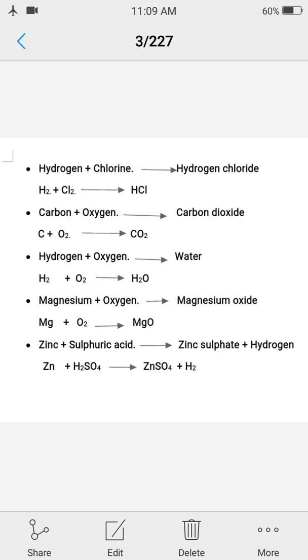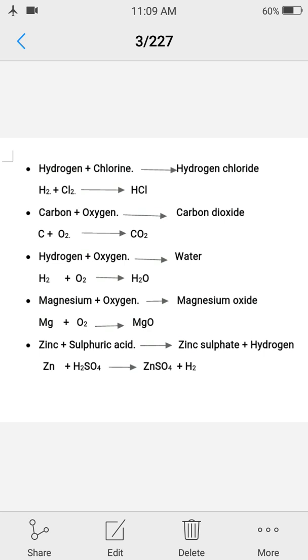The symbolic chemical equation will be H2 plus Cl2 gives us HCl. Similarly, C plus O2 gives us CO2, meaning carbon plus oxygen gives us carbon dioxide. H2 plus O2 gives us H2O. Mg plus O2 gives us MgO. Zinc plus sulfuric acid, Zn plus H2SO4 gives us zinc sulfate and hydrogen gas.